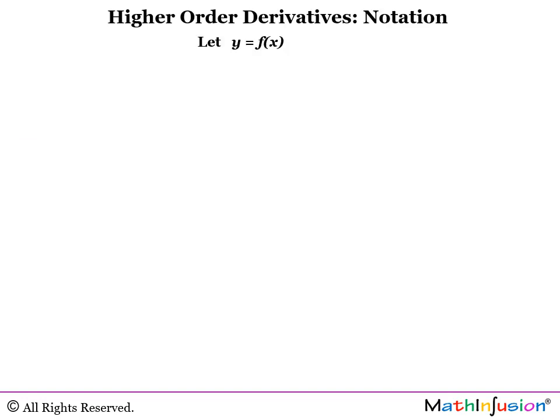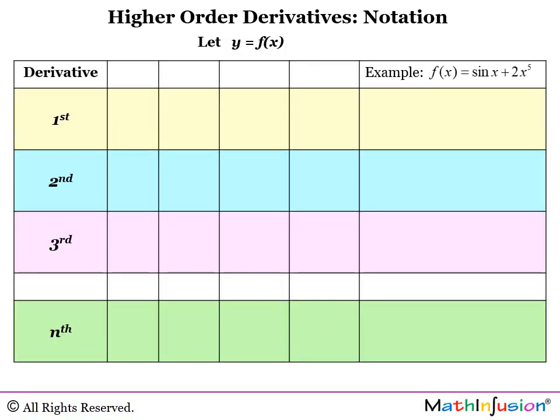The notation for higher derivatives can be really confusing, so let's go over that. Let's assume that y equals f of x. The first derivative can be written as y prime or f prime, because y equals f. Using the Leibniz notation, we can write dy dx or d dx of f.